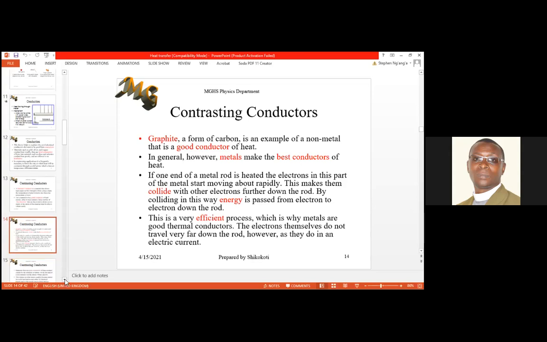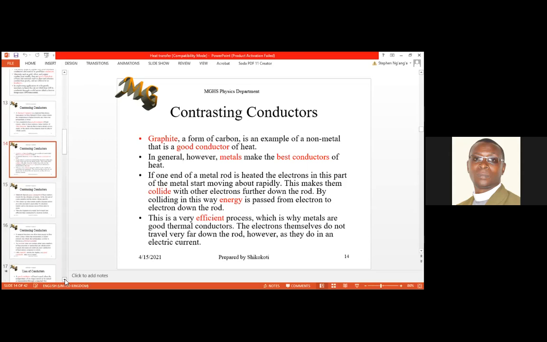And to compare thermal conductivities, what we need is to have different materials of equal length and thickness, heated from the same source.